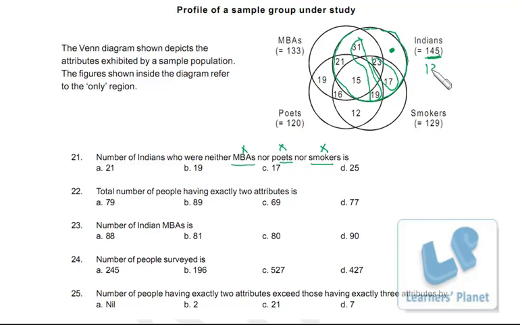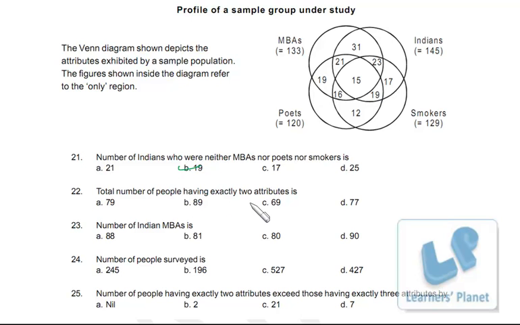So we deduct this, so we'll be getting 19. Okay, so that's pretty simple. So only Indian, neither MBA nor poets nor smokers. So only the remaining part of this circle which is not occupied by any of these, right? So the answer is 19.